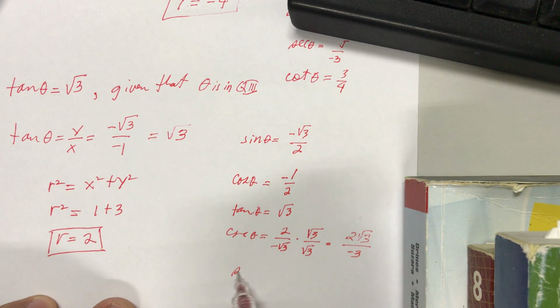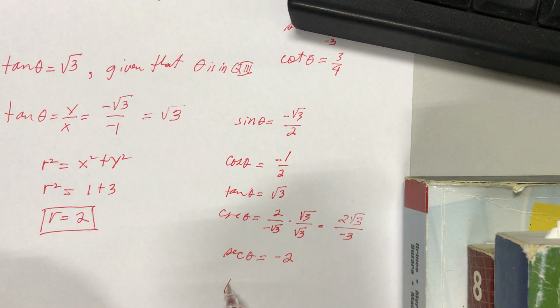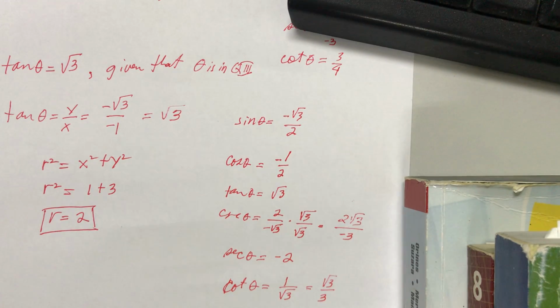Next, secant theta is negative 2, since secant theta is the reciprocal of cosine theta, which is negative 1/2. Cotangent theta, which is the reciprocal of tangent theta, would be 1 over square root of 3, or square root of 3 over 3 in the final answer.